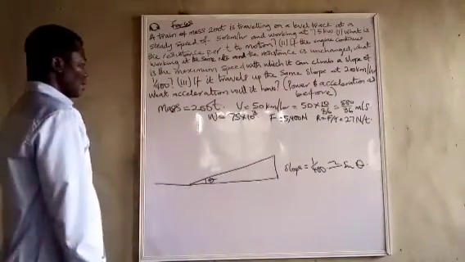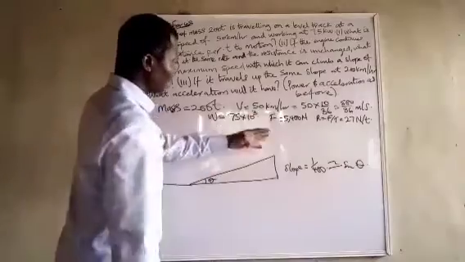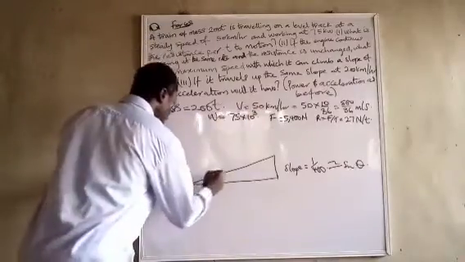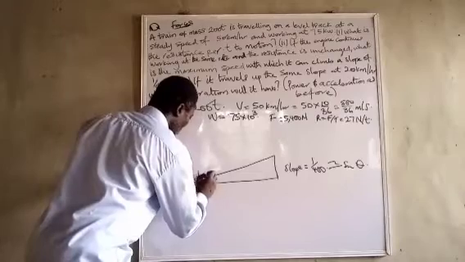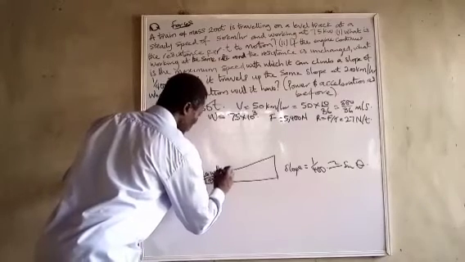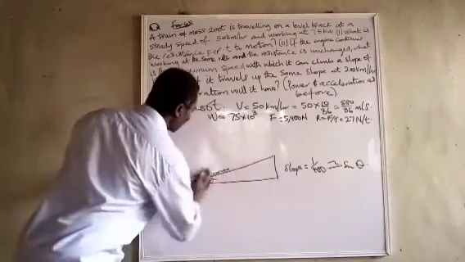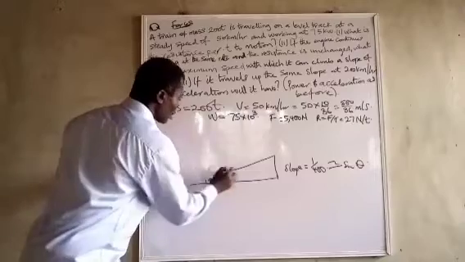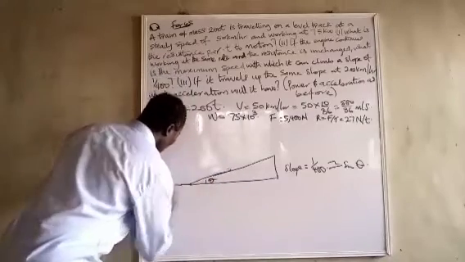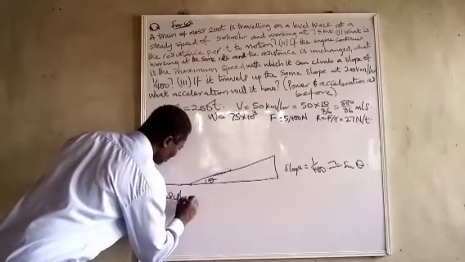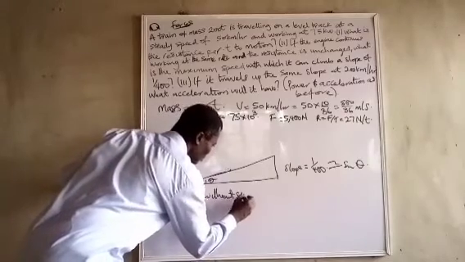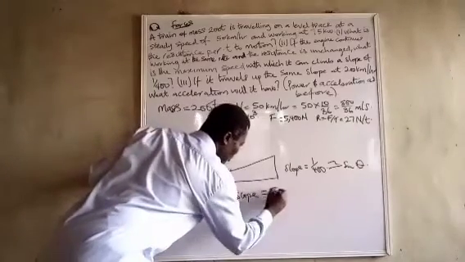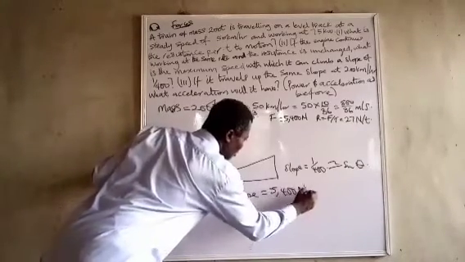Now, already we have a resistance that we know: the resistance without slope is equal to 5,400 Newton.